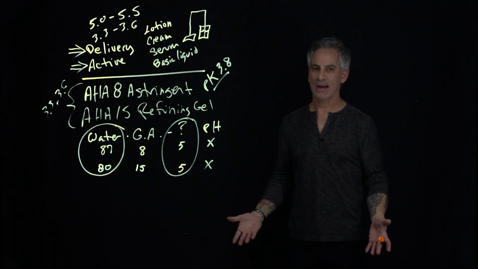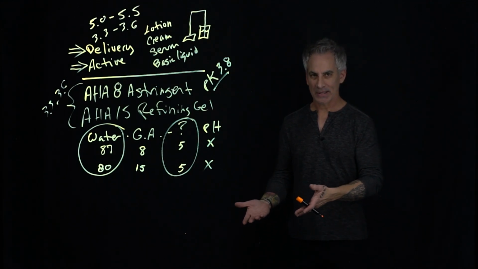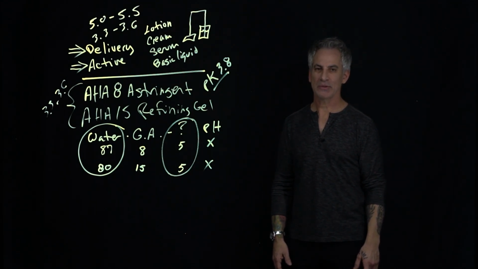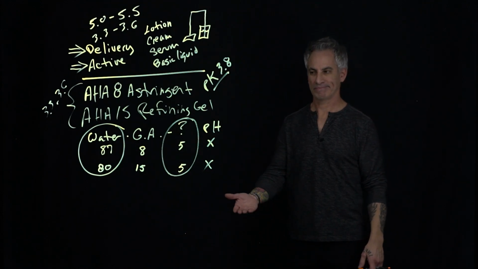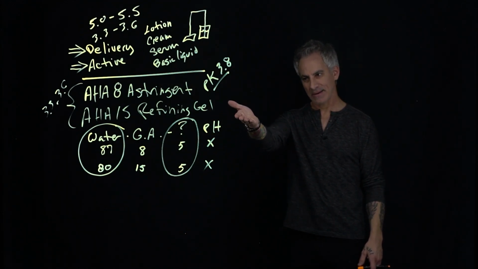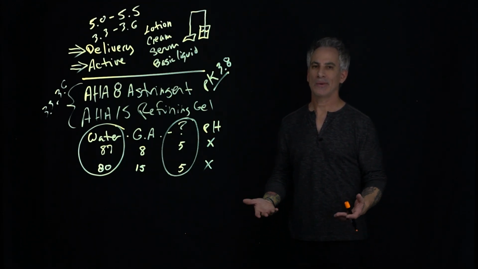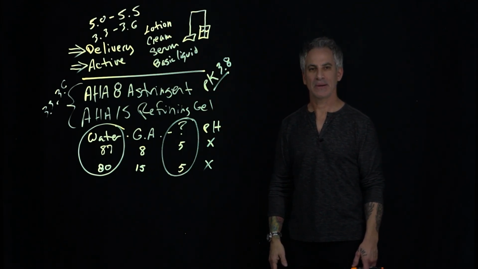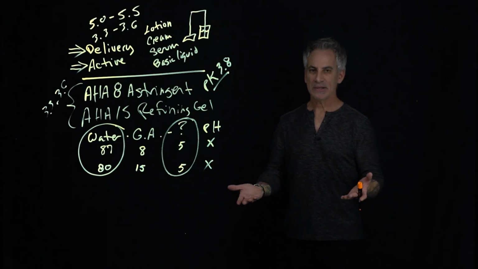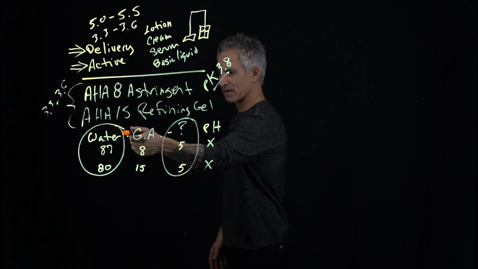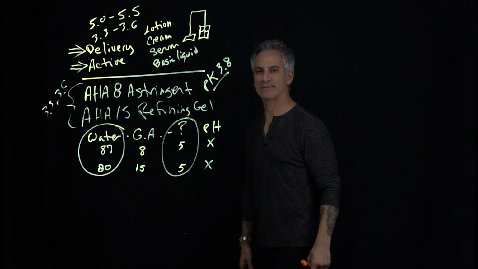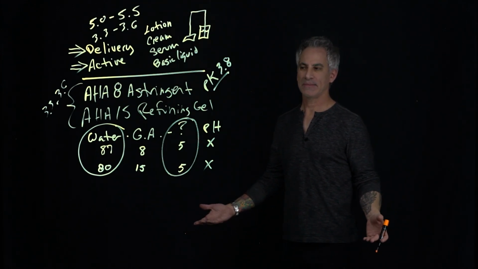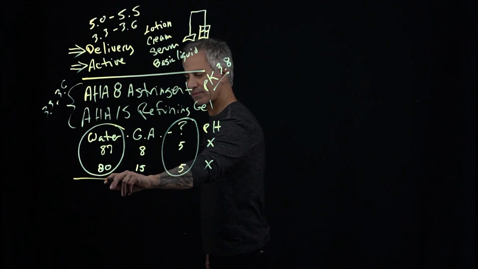Math doesn't lie. It is what it is. 2 plus 2 equals 4. 87 and 8 and 5 is 100. 100% volume at 3.3 to 3.6 pH is successfully achieved by the manipulation of the amount of water and the other ingredient. That's it. Okay? All right.